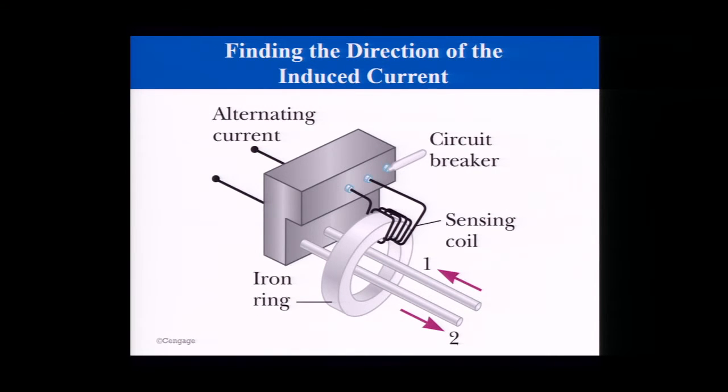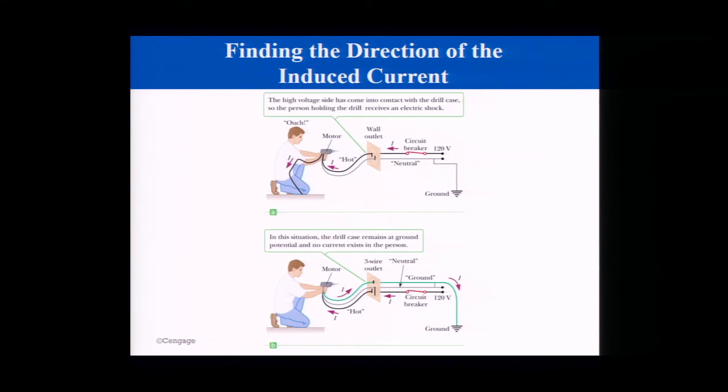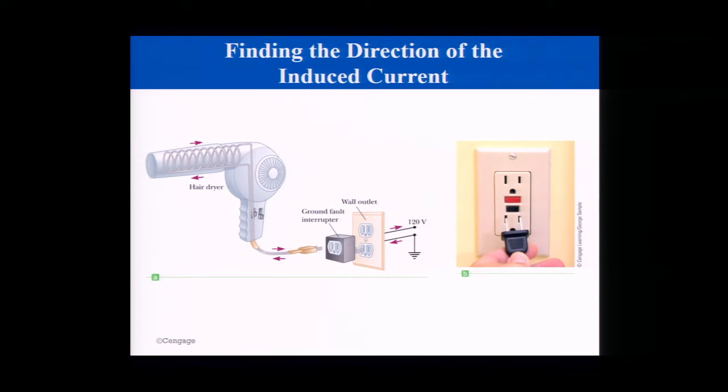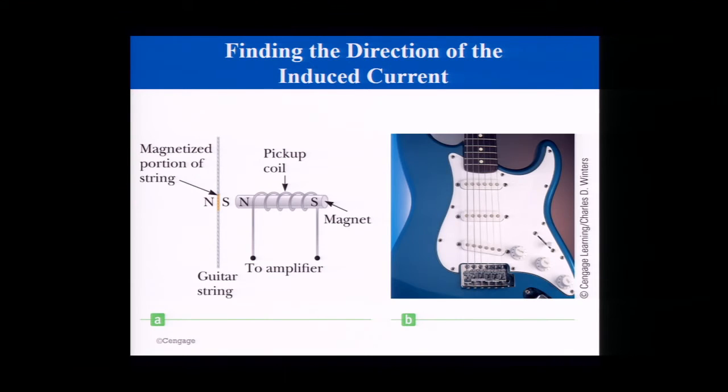So we can actually use this to make a device. It helps us with ground fault interrupters, so we can make sure that we don't have a problem with our hand tools and get shocked, because that's a real problem, because we don't want to get shocked. So it works to our advantage. So we get ground fault interrupters that help us. So if we see a surge or a change or a short, we can have those work.